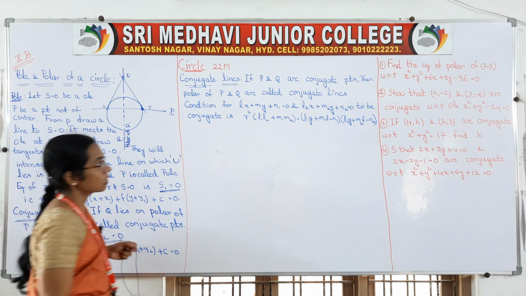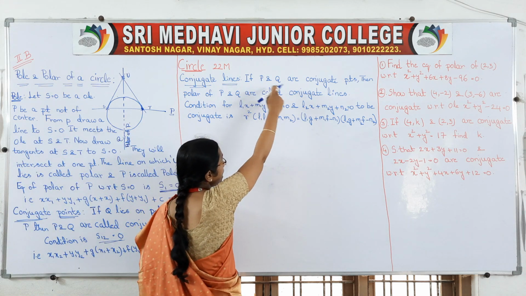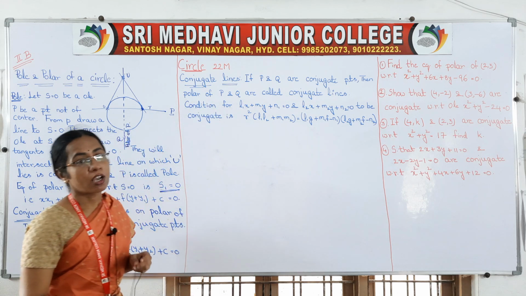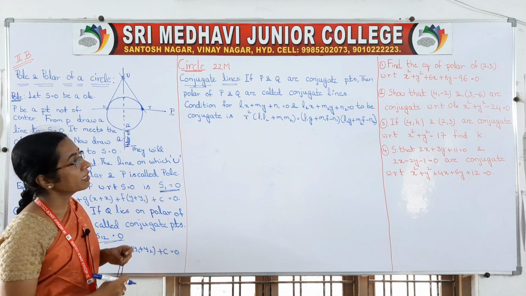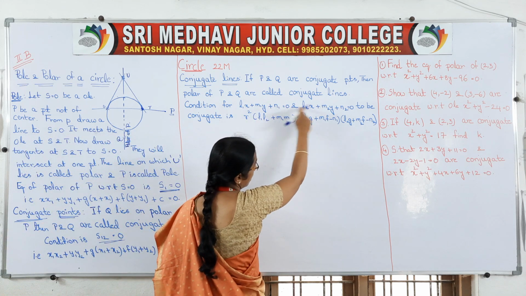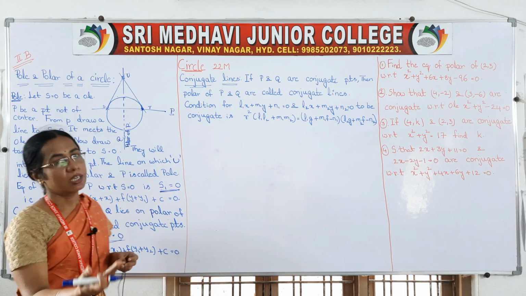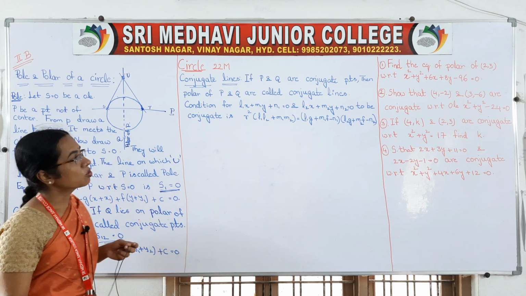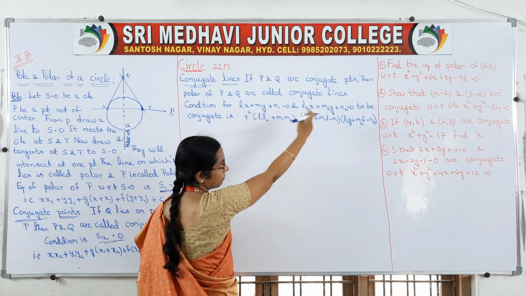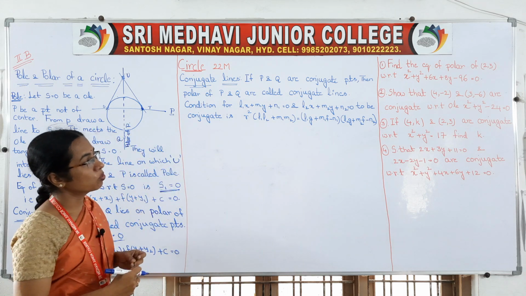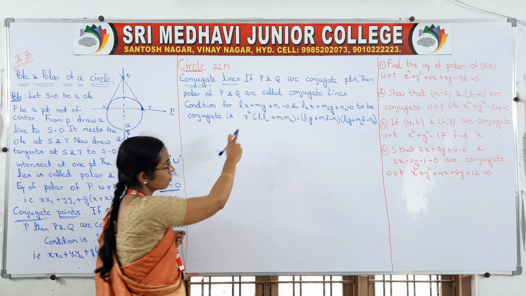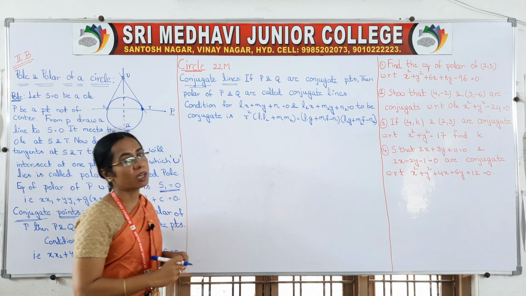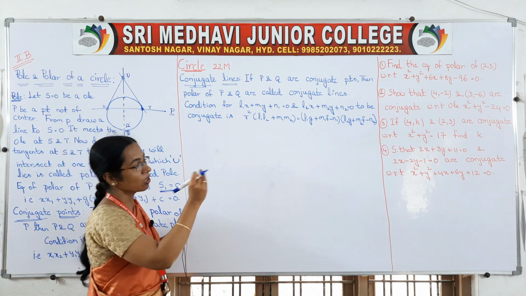Next come to conjugate lines. If P and Q are conjugate points, then polar of P and polar of Q are called conjugate lines. Generally we will represent a line as ax + by + c = 0, with an x term, y term and constant term. Instead of a, b, c we can have any values. The condition for two lines to be conjugate is this formula. This is a little bit lengthy formula, but if you practice it, some logic will be there.